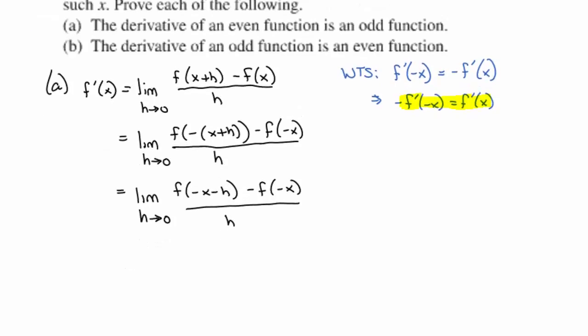And now what I'm going to do is a little bit of a trick. Now what I'm going to do is make a little move that some people will have a hard time with. So what I'm going to do is make a different variable here. I'm going to say let h bar equal the opposite of h.